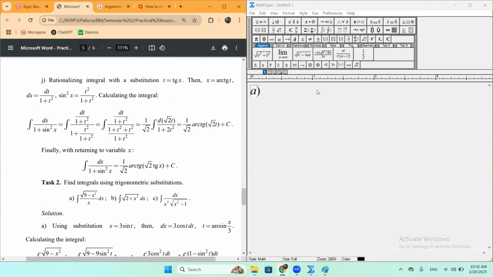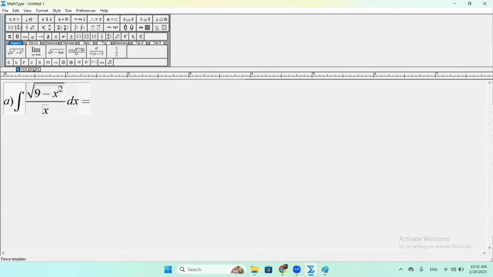The following exercise. In the first case, we have the following irrational fraction: square root of 9 minus x square, divided by x, dx. So we have the irrationality a square minus x square, where a equals 3. So we use the substitution x equals 3 sine of t.